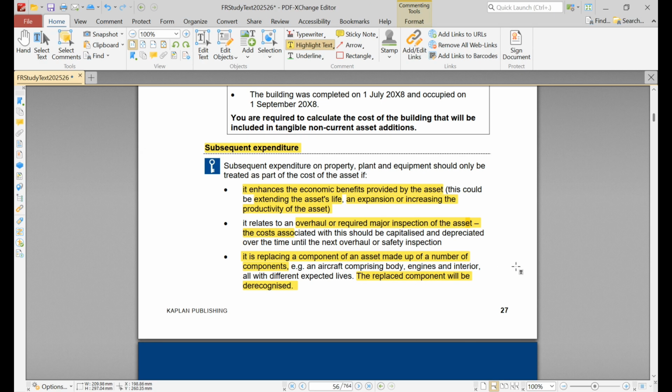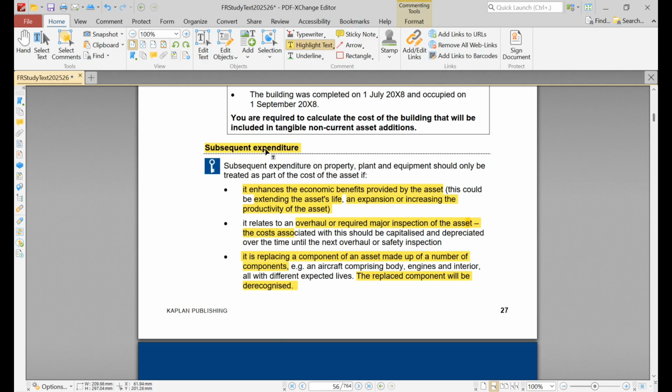So, for example, if you're replacing the engine in the aircraft, the cost of the old engine which is already there you have to derecognize from the cost of the aircraft, and then the cost of the new engine which you will be installing can then be recognized. So if you are replacing a component of an asset, first derecognize the component that you are removing, and then recognize the component that you're installing in the asset, right?